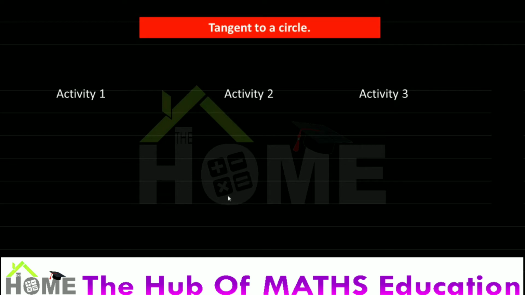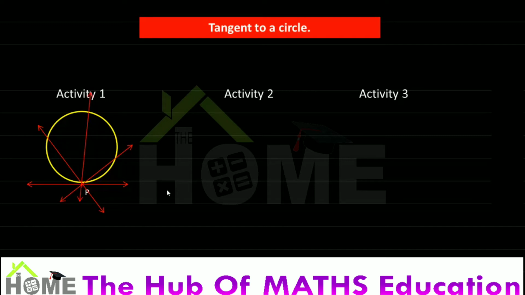In activity 1, draw a circle, then take any point P on the circle, then draw lines passing through this point P. This is the first line that I have drawn, which is passing through the point P. This is the second line, this is the third line, and this is the fourth line passing through this point P.